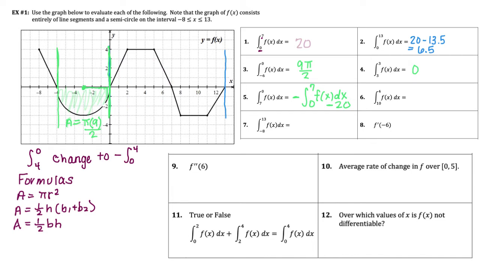Now from 4 to 10, that means that we're going to go from here to here. So we need to find the area that is inside here, and then the area that's inside here.